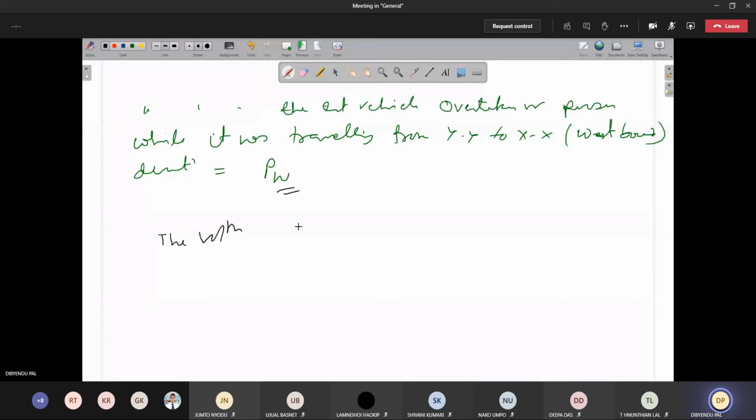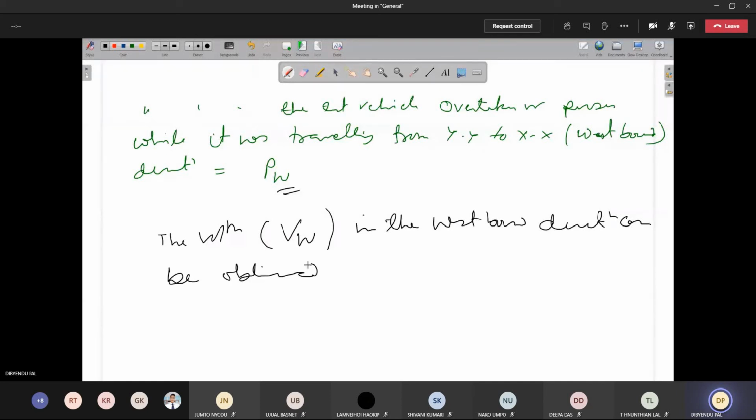The volume VW, I am trying to say the volume in the westbound direction, can be obtained from the following expression.